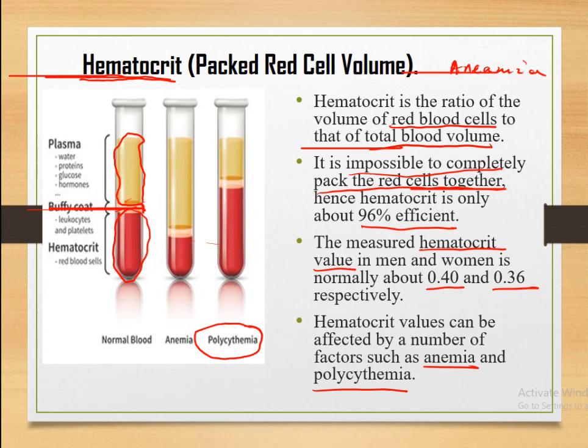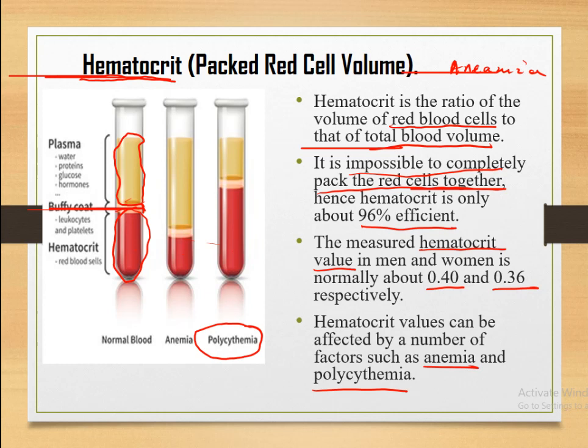Polycythemia is the condition whereby you observe a high amount of red blood cells in an otherwise normal human being.